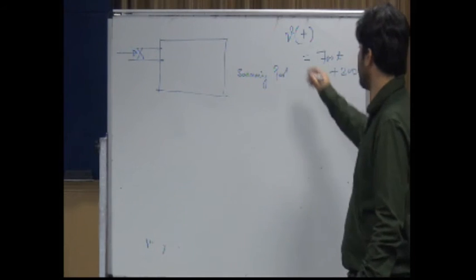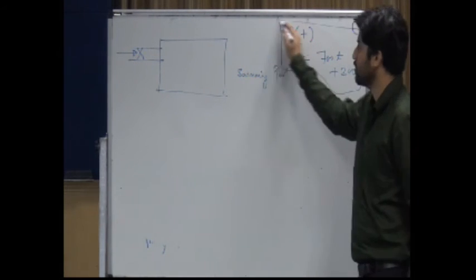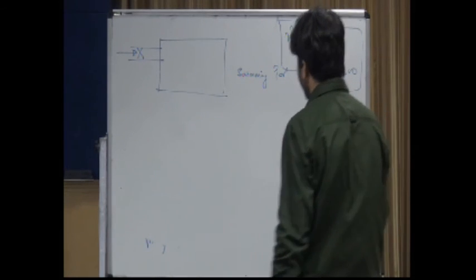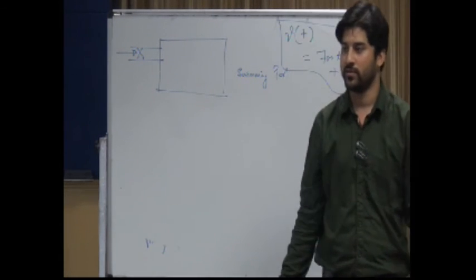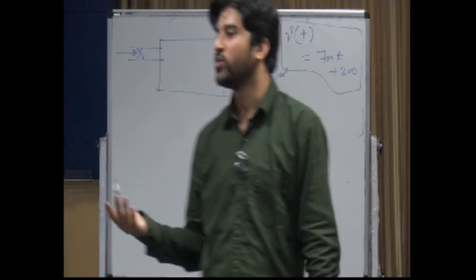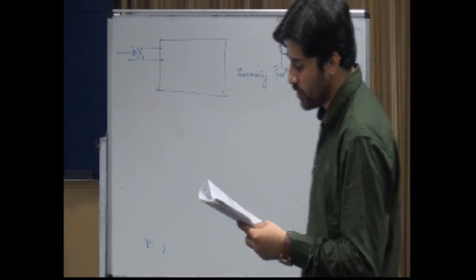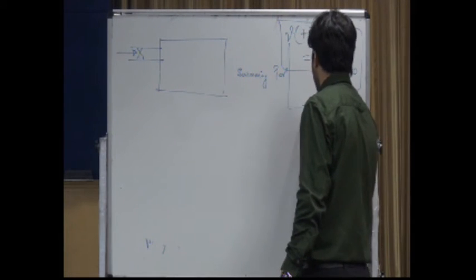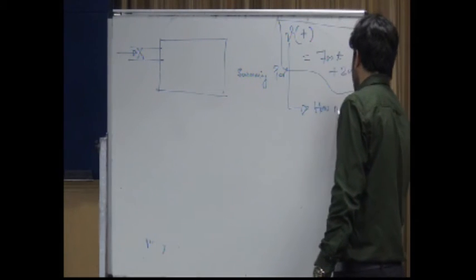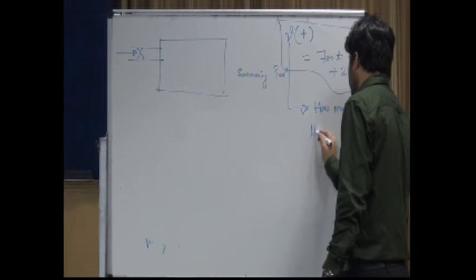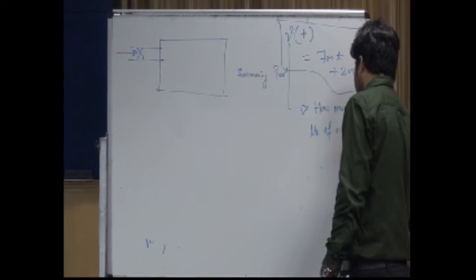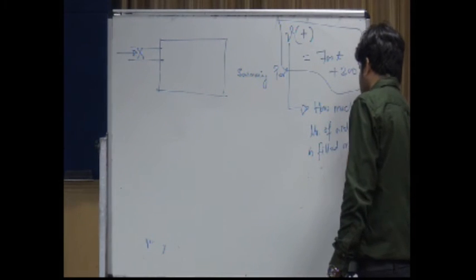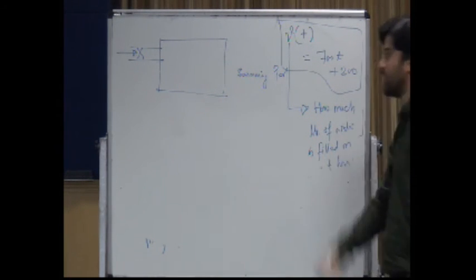Now the question is, what does the inverse of this function mean? I can ask it this way: V of t means how many liters of water are filled in t hours.